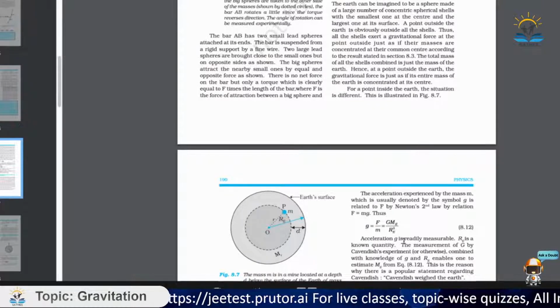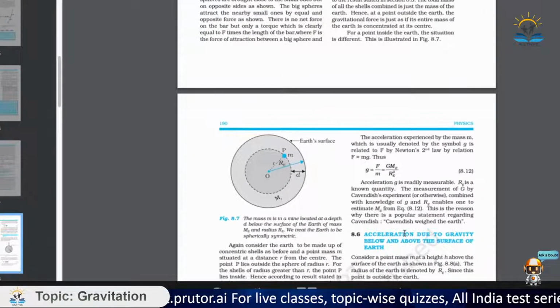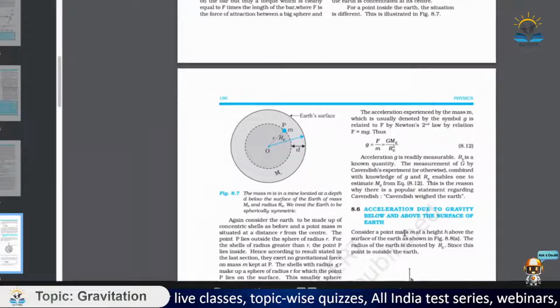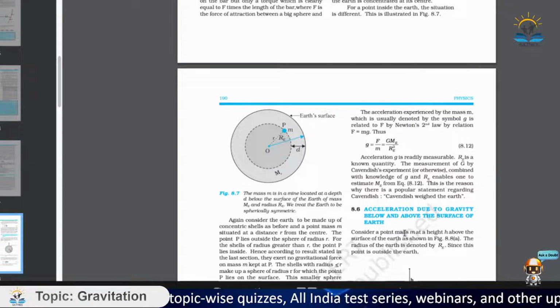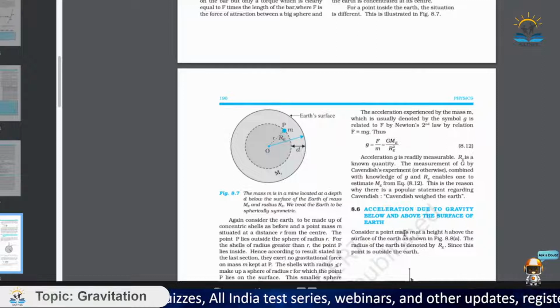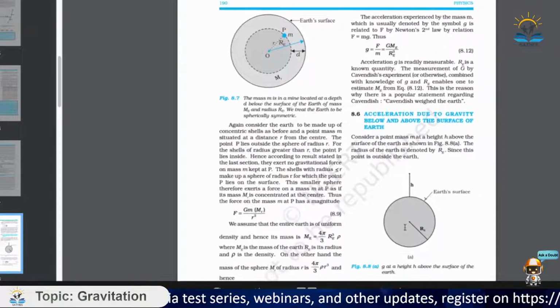This is the acceleration due to gravity on Earth's surface. Now, what happens if the mass is inside the Earth's surface, or it is at a height above the surface?